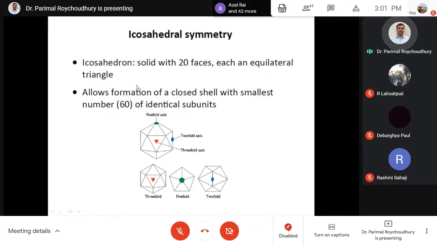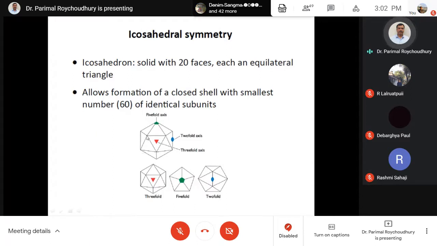So we say that an icosahedron is a geometric structure composed of 12 vertices. Vertices means these green color dots you can see. These are the vertices. So an icosahedron basically has 12 vertices in total. It's a three-dimensional structure. Then 20 faces of equilateral triangles.